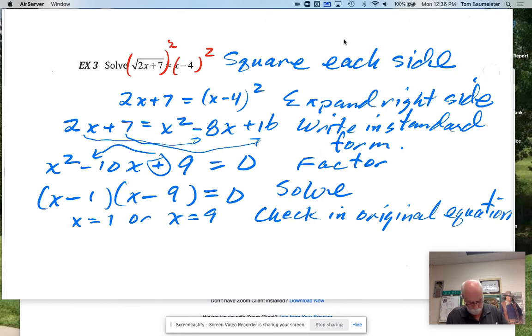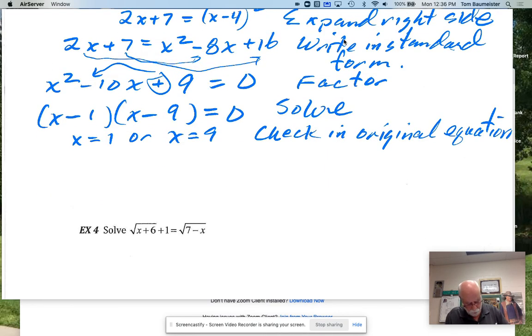All right, so on here, I'm going to put x is equal to 1. And then again, I'm going to check x is equal to 9. I'm plugging it into our original equation, which was the square root of 2x plus 7. So 2 times 1 plus 7, does that equal 1 minus 4?